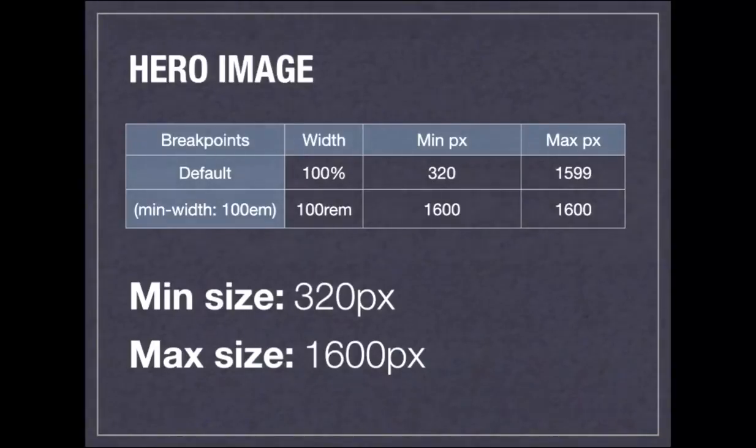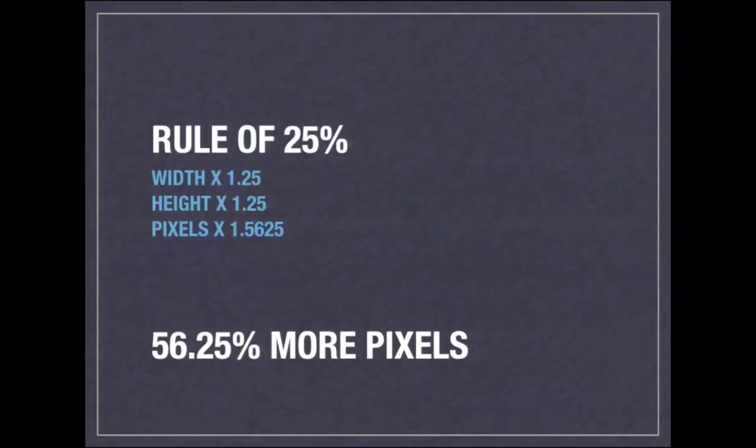So we need to figure out how we have some in-between steps between those two options. And the way that I figure this out is I have what I call my rule of 25%, which means that I want each image size to be about 25% bigger than the next one.